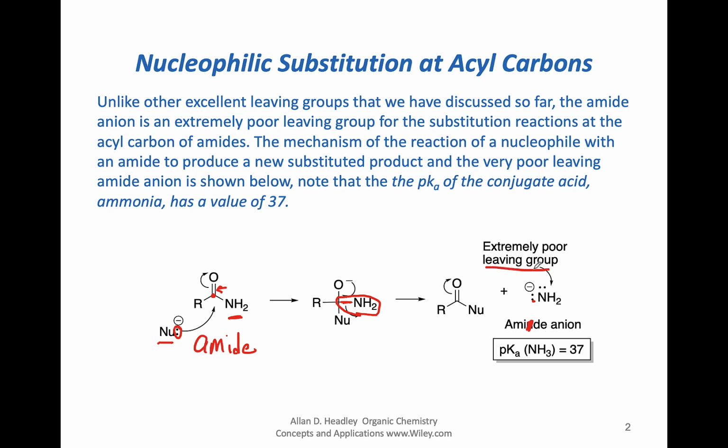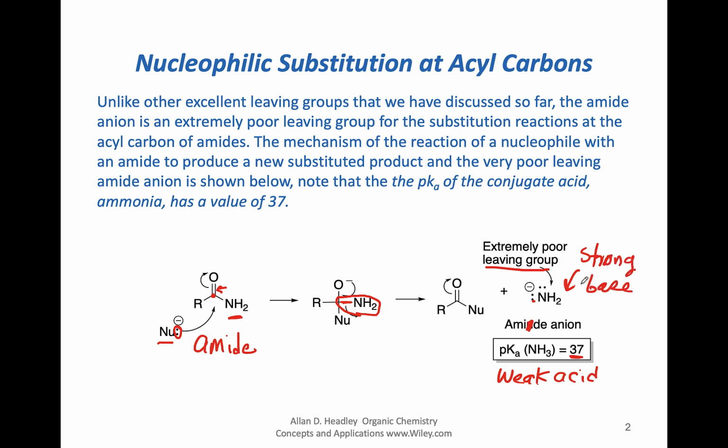Why? Because the pKa of its conjugate acid is 37. Very weak acid. If it's a weak acid, it means that this is a strong base.